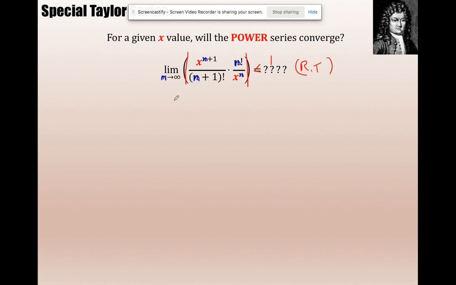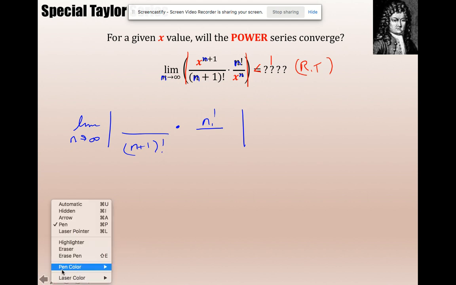So what I'm going to do is some extra rewrites here, unlike when I was just doing a numeric series. But I'm going to do something very similar, right? I'm going to say the limit as n approaches infinity. I'm not going to deal with these factorials yet.